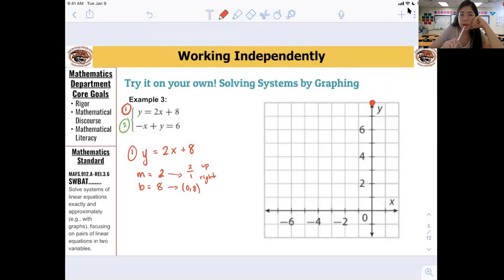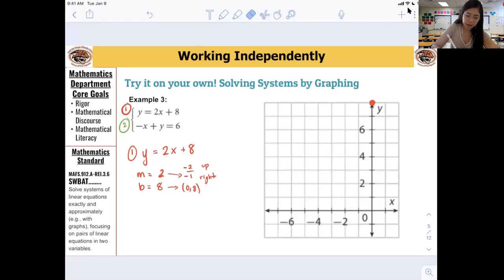But the only point I know is the y-intercept. I don't know any other point. But there's something else I can do. Turn the 2 into a negative. If I turn the 2 into a negative, what else do I have to turn into a negative? The 1. The 1, yeah.